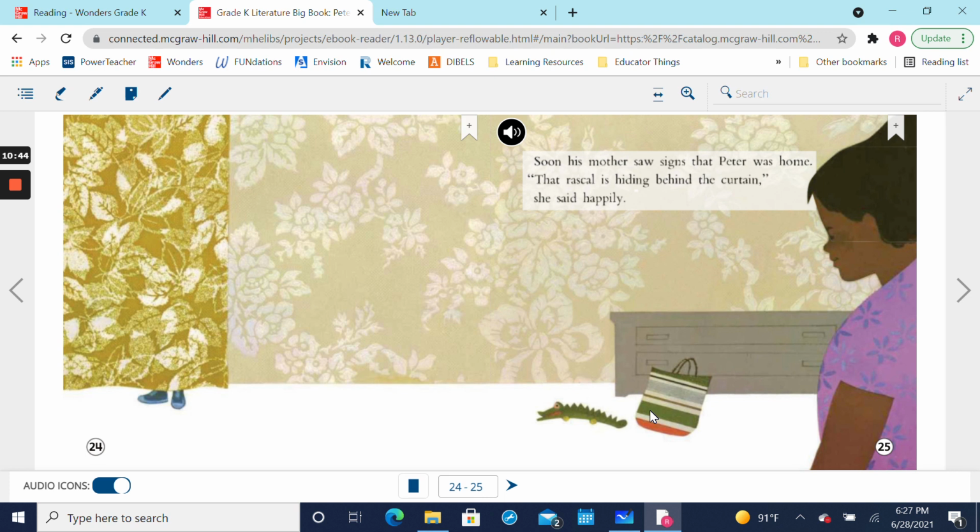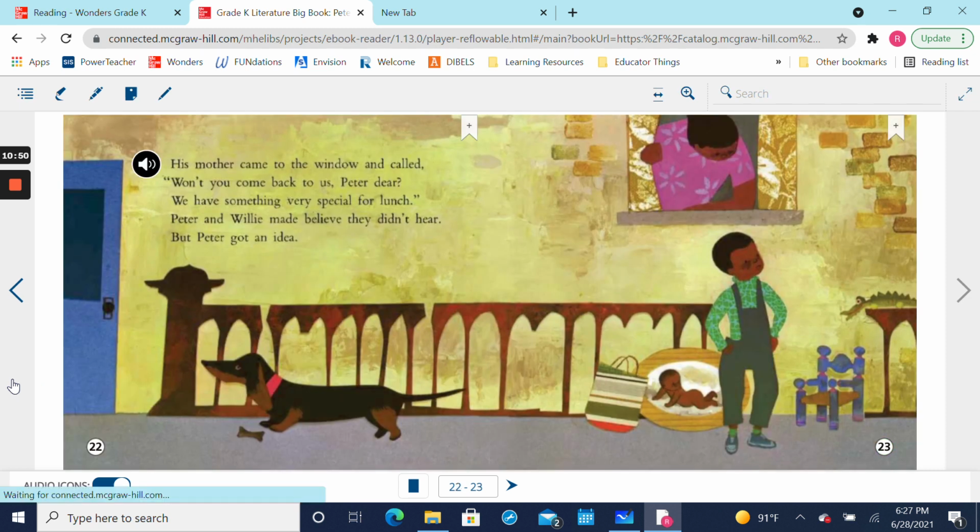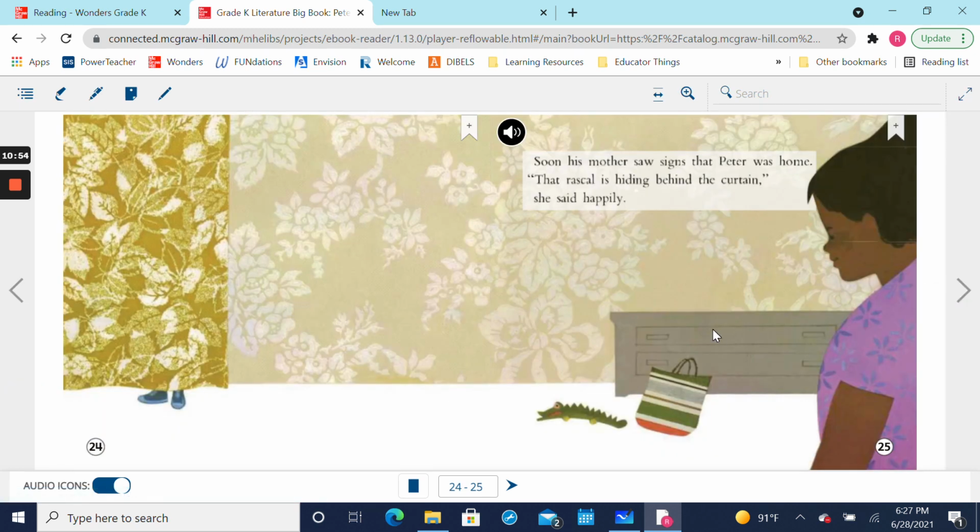So I think that she is using the fact that his crocodile and his bag, which he had outside, now that she sees it inside, I think that she is taking those to be the signs that he is back inside. So the word signs must mean things that show you something. At least how it's being used on this page.